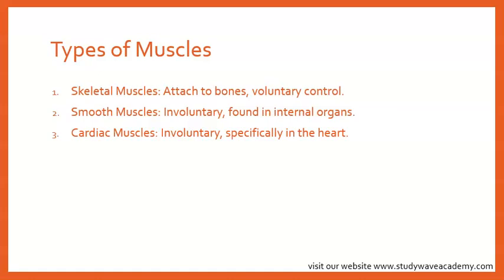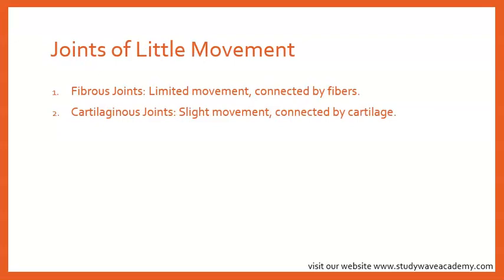We have explored the different types of muscles, right? So now we're going to be shifting our focus to the joints of little movement. These joints play a crucial role in providing stability and support to our body. And there are two main types: fibrous joints and cartilaginous joints.